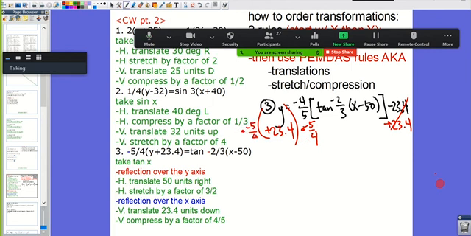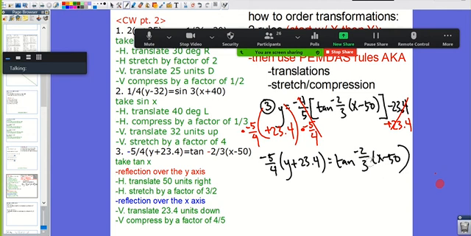And then what you're going to get is negative 5/4 y plus 23/4 equals basically the original problem that I gave you on Friday. So basically, I just moved stuff around to make this problem look like the original problem from Friday. That's it.